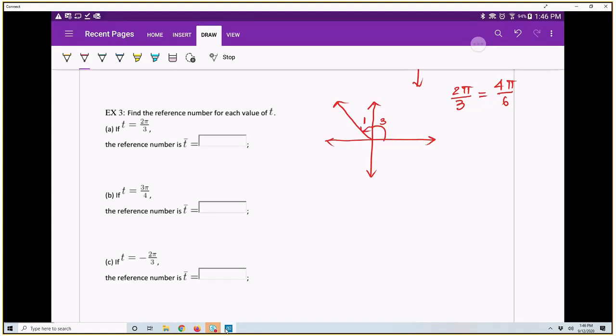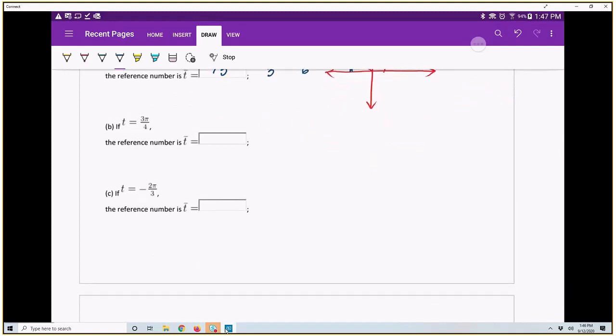The reference angle is going to be the angle between the nearest direction of the x-axis and the terminal side of the angle. So that's the reference angle. This is your t bar. But remember, if this much is 1 pi over 6, then the remaining of that is 2 pi over 6s, which can be simplified as pi over 3, and that is the reference angle we're going to find out. Answers my question.